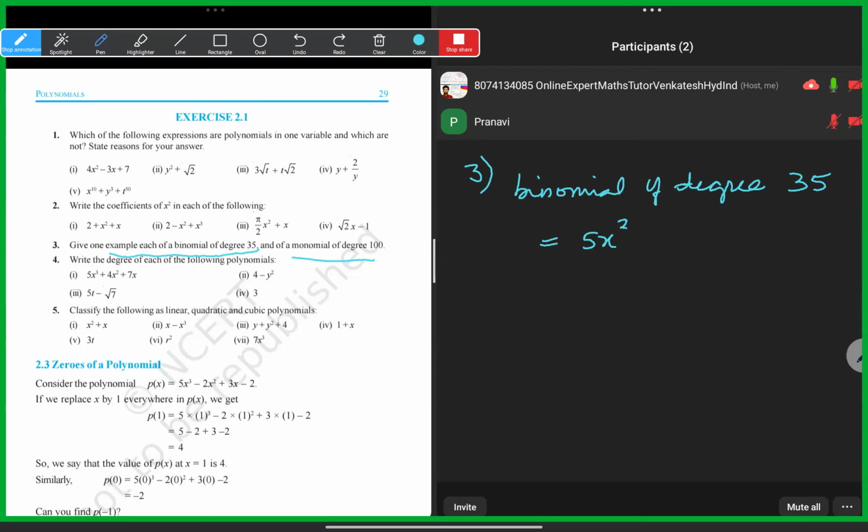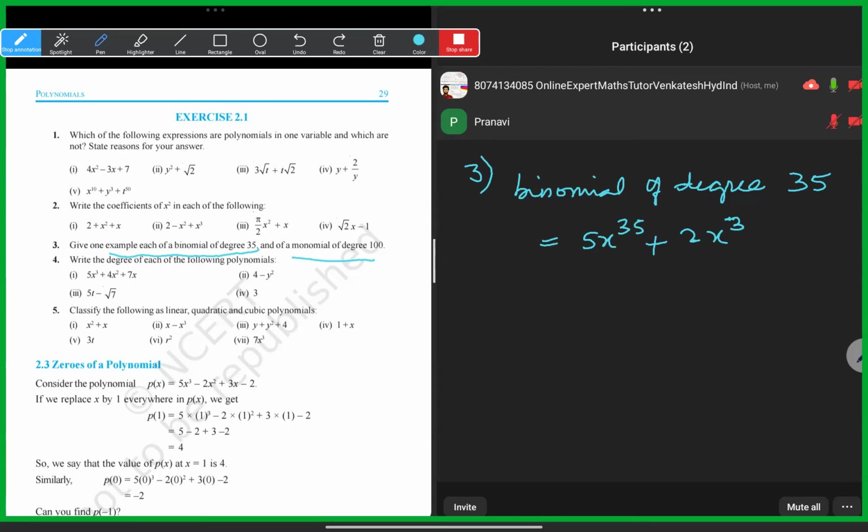5x power 35 plus 2x. So clearly we wrote two terms, Pranavi, with the highest degree of the variable 35. Two terms means binomial, and variable power 35 is kept, so it's a binomial of degree 35. Yes, sir.